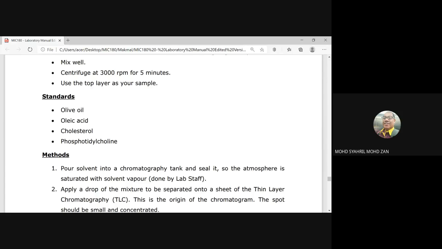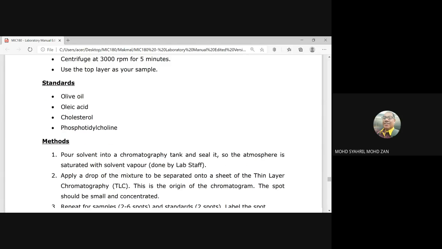So the standards we use are olive oil, minyak zaitun, oleic acid, cholesterol, and then phosphatidylcholine. Okay, so these 4 types of standards come from the fats or lipids.